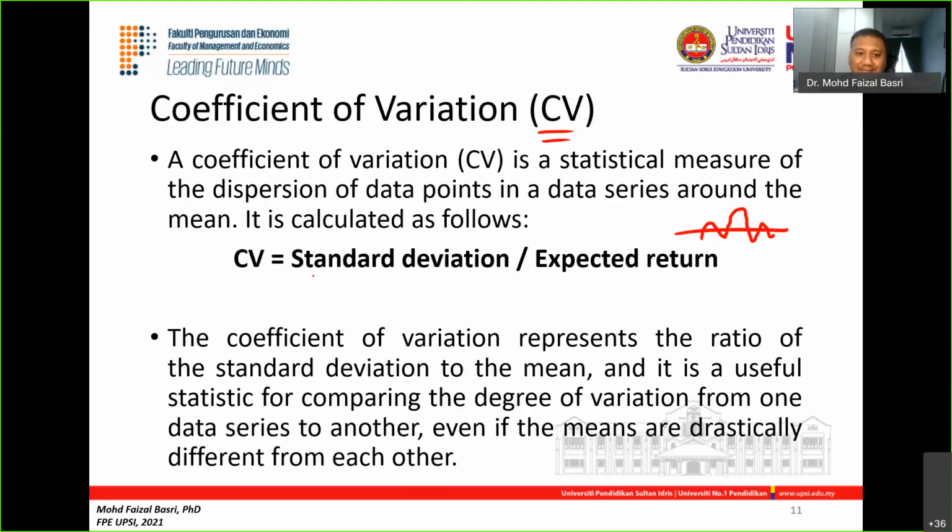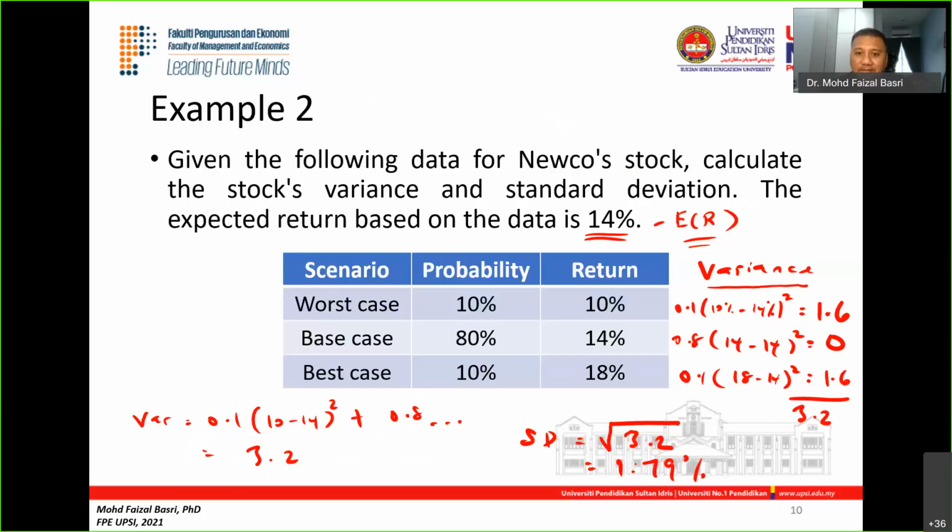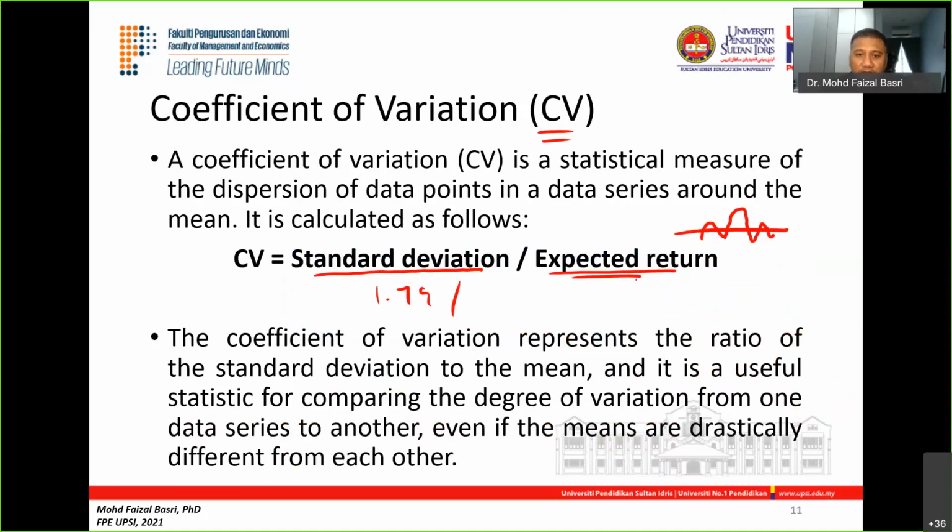Basically, when we talk about CV, we want to see how dispersed the variation is around the mean. Imagine this one line here refers to the average, the mean. We want to see how dispersed, how wide the changes are. The formula is standard deviation divided by the ER, both of which we have already calculated earlier. For this example, our standard deviation is 1.79 and the ER is 14%. So 1.79 divided by 14% gives you about 12.78%.